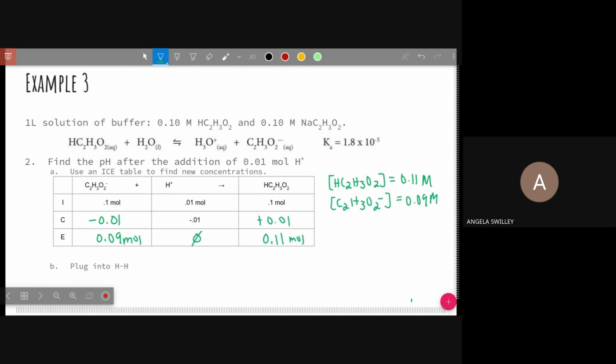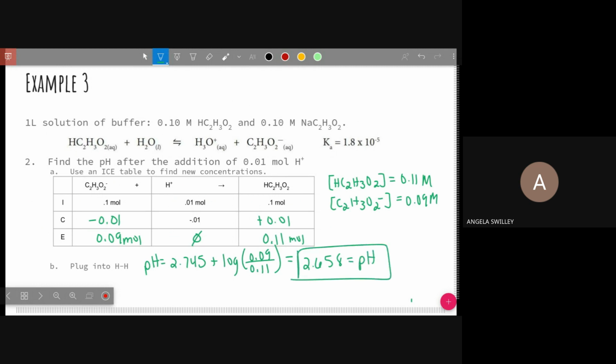Plug into HH, which means Henderson-Hasselbalch. So if we want to find the pH, we already know our pKa of 2.745 because we're still using the same substances. But now we have 0.09 over 0.11 as far as our concentrations go. And when you plug this into your calculator, you get a pH of 2.658.